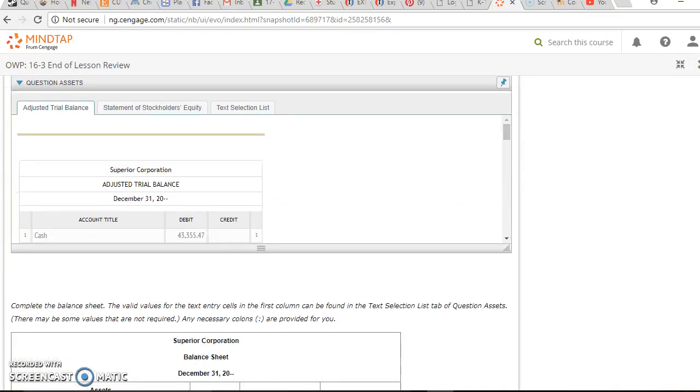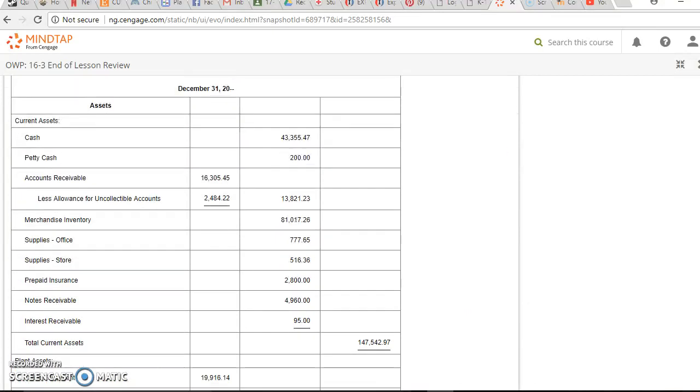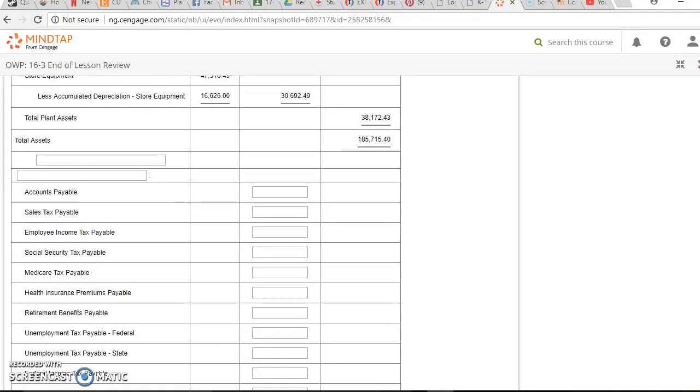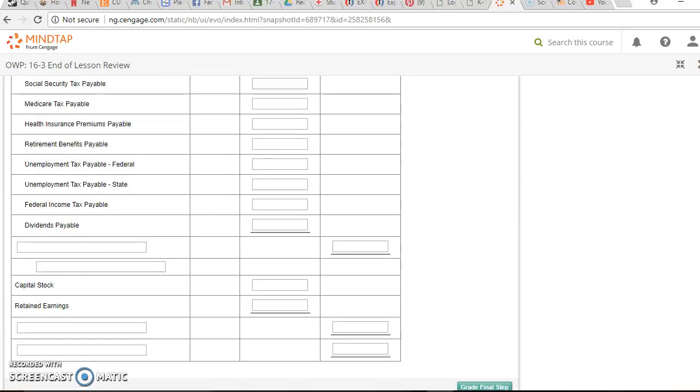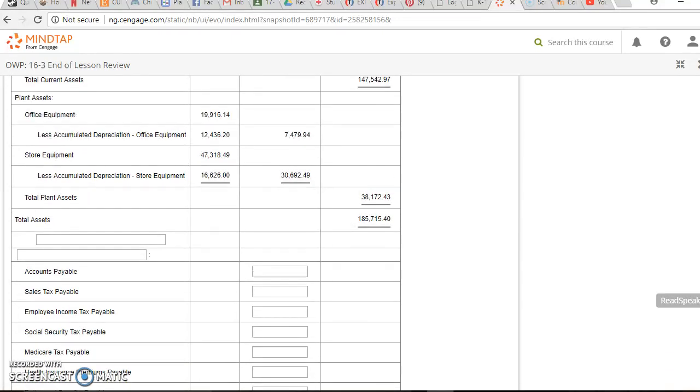Okay, so liabilities and equity section. We've got the assets done. So this is your liabilities section.